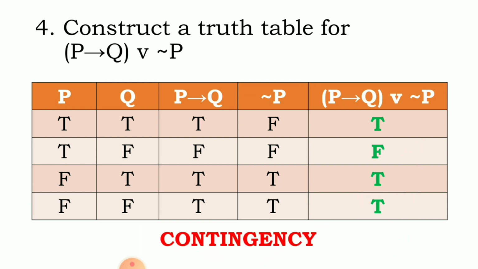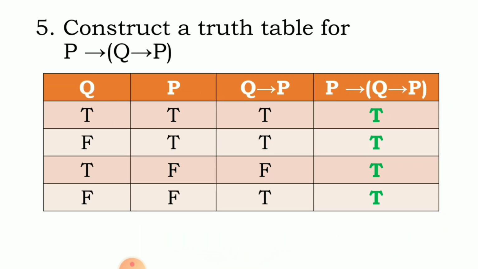Another contingency. Next, we have the truth table for if P, then the quantity if Q, then P. We have true, true, true, true. Since they are all true, then that is tautology.